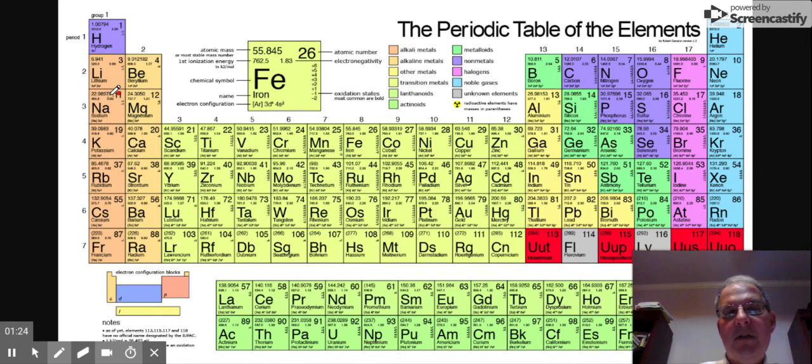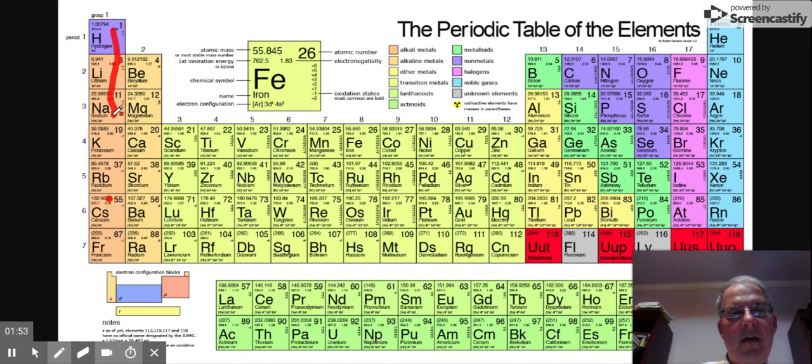Groups, which are the columns, are arranged according to how the element reacts with others. So, in the case of this first group, hydrogen, lithium, sodium, potassium, rubidium, cesium, and francium all react similarly.